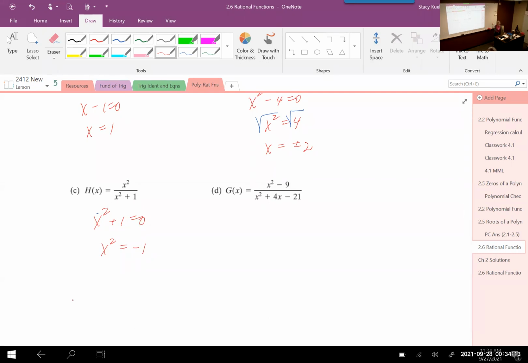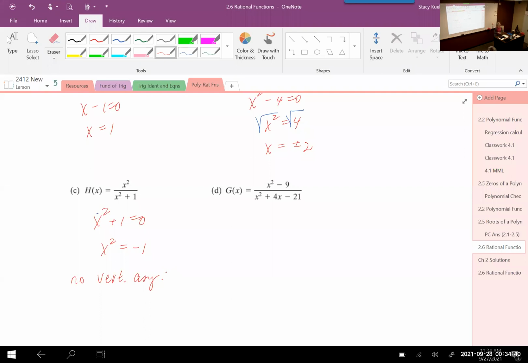No, so that means there's no vertical asymptote. There doesn't have to be. We don't have to have vertical asymptotes. We just have had them up until now. So if it doesn't spit out a real number, there's no asymptote. Yep.